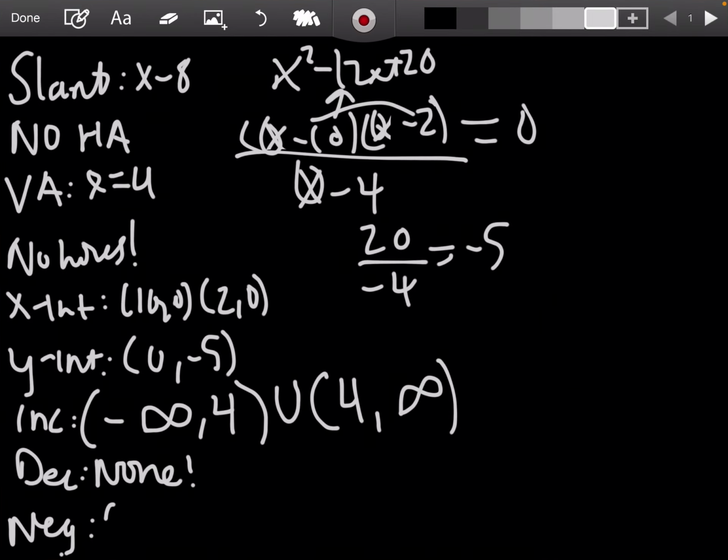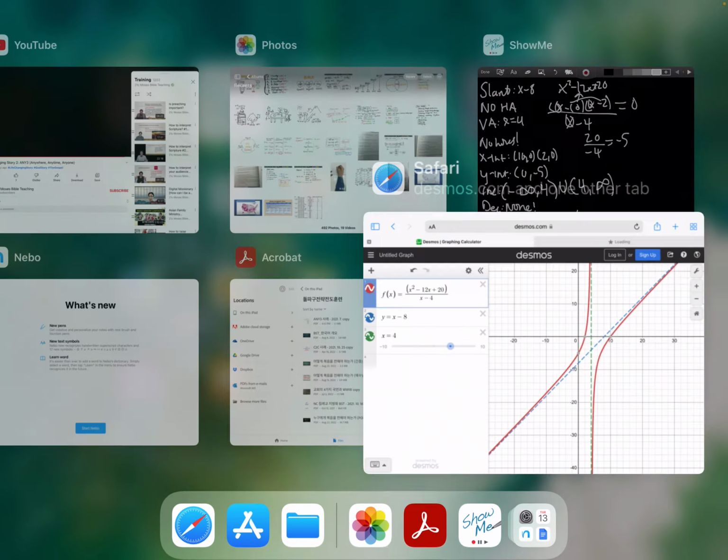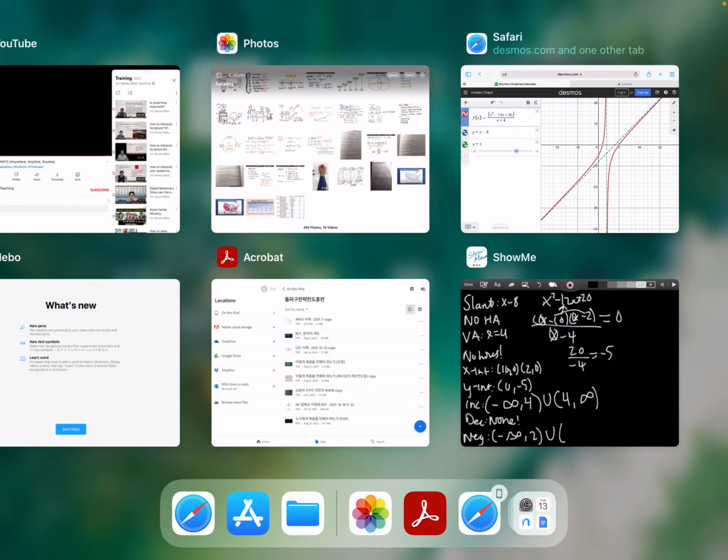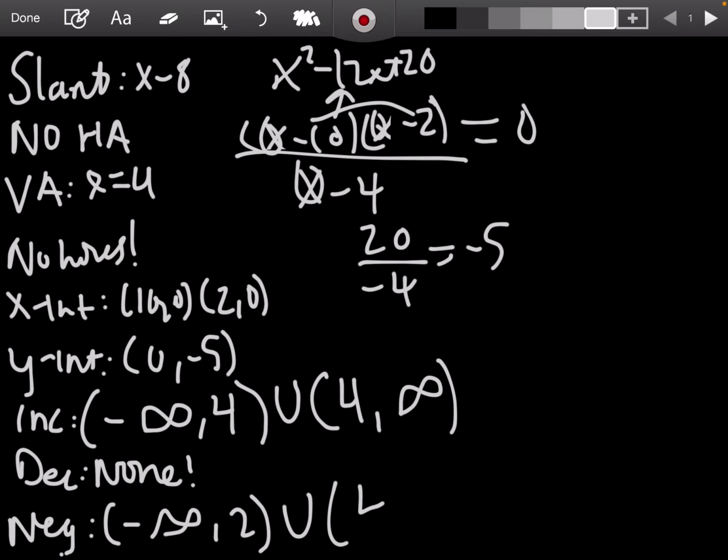So, negative infinity to 2, union. Then it goes negative from the vertical asymptote all the way to the x-intercept at 10. So it's from 4 to 10. Alrighty, so that is our negative.